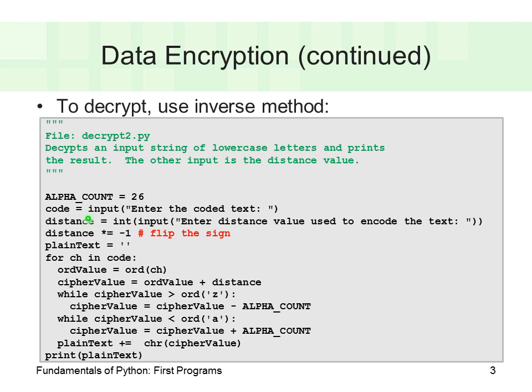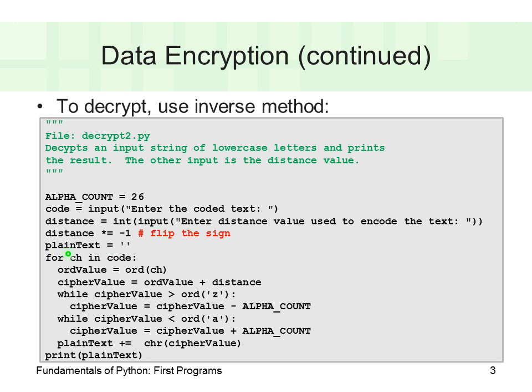If the key was +5, then to get the new distance, I simply want to take whatever the old distance is and multiply it by -1. That flips the sign. So if we added 5, we want to subtract 5. If we subtracted 5, we want to add 5 this time.